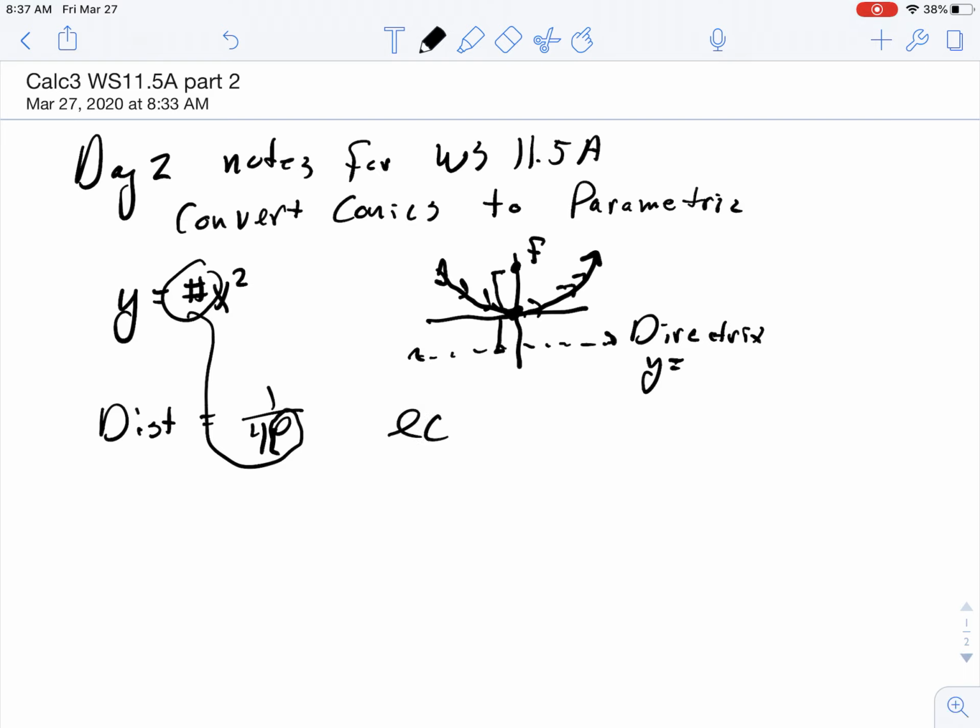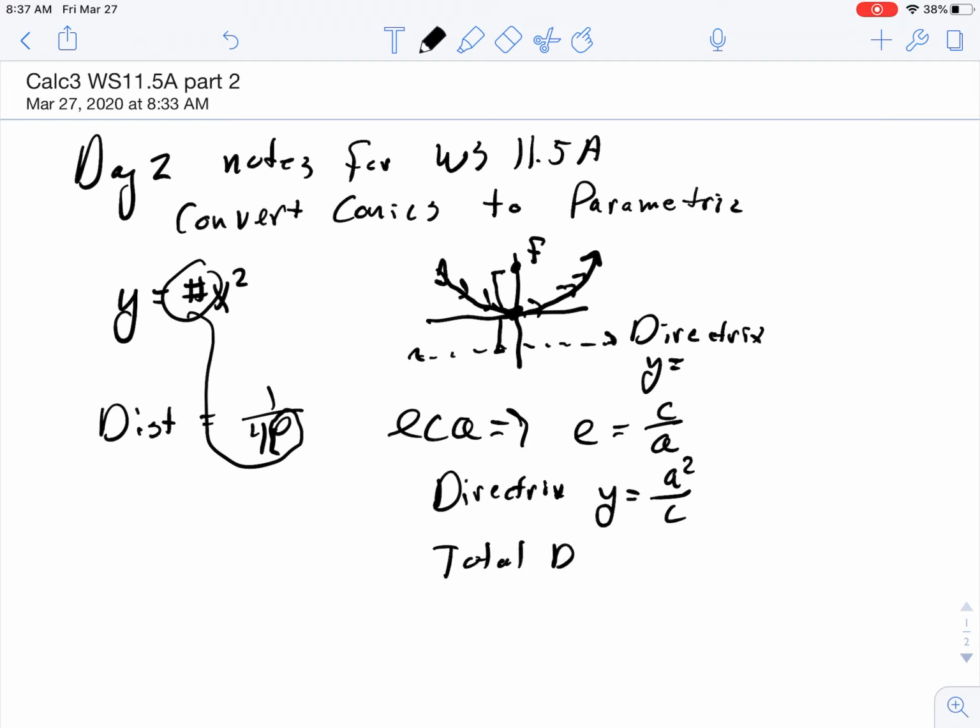We had one way of remembering Eka, which basically is some way to remember that eccentricity is c over a. And then your directrix can also be found by y equals a squared over c. And then the other piece that you will need to know here is your total distance from your focus to your directrix. Okay.